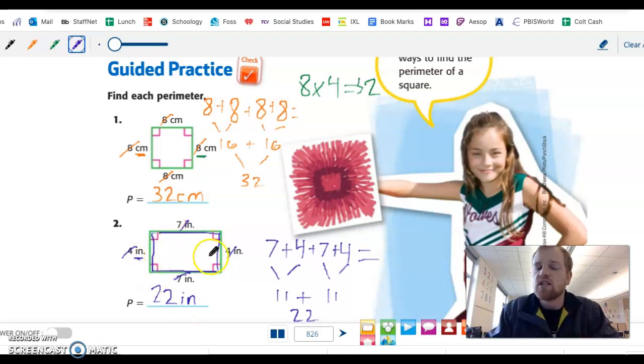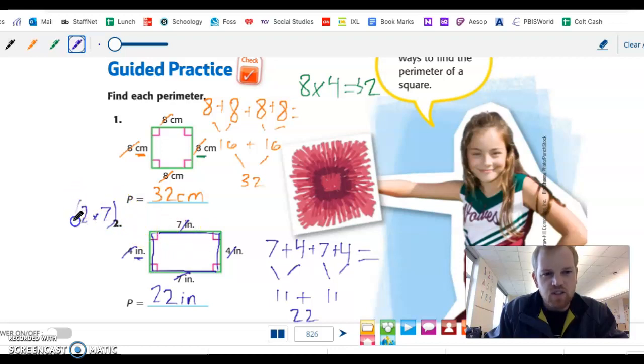For this, I notice that it is a rectangle, given that my opposite sides are the same. They're both 7, and my opposite sides are the same. They're both 4. And I have my right angles here. What I can also do is use my formula for this. So if I'm plugging this into my formula, what I'm going to get is 2 times my length, which was 7.